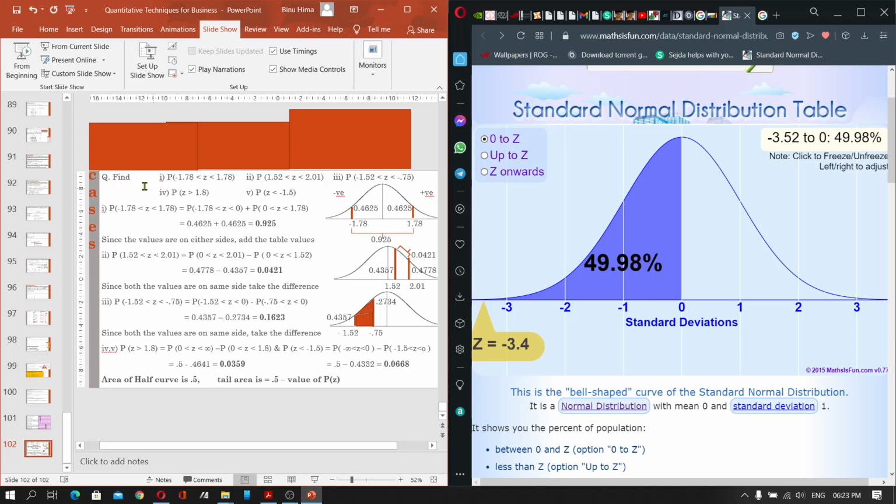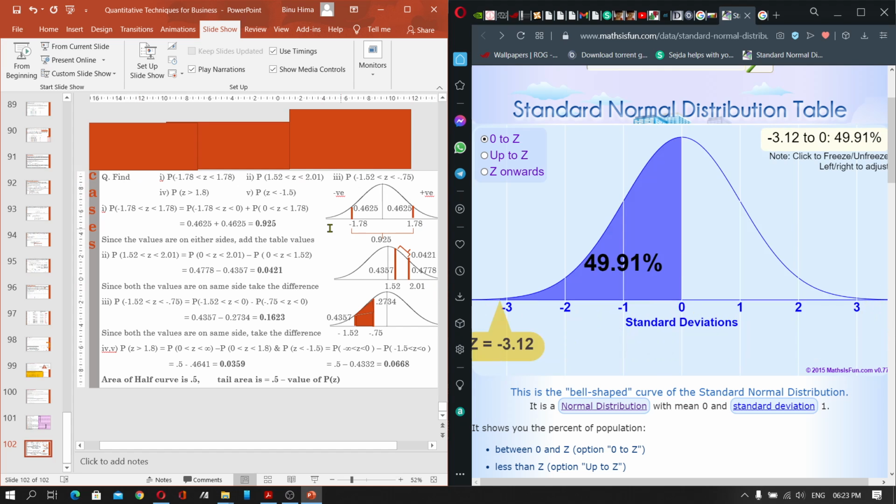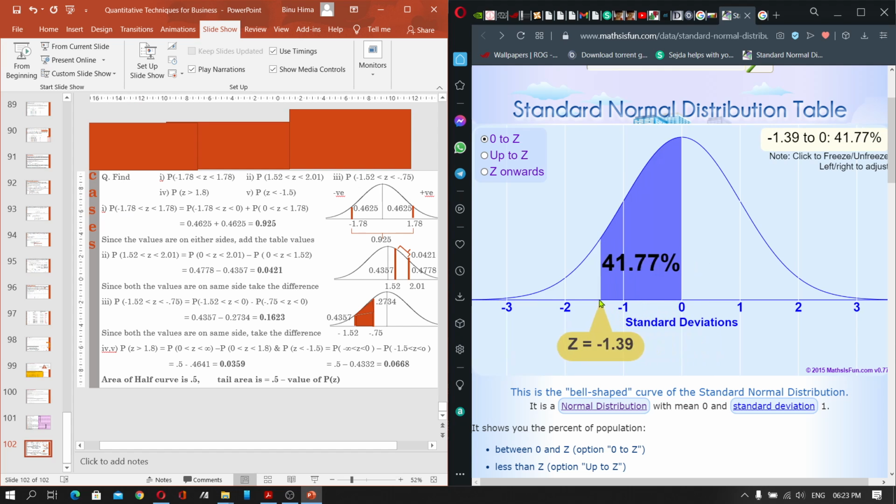So these were the cases which we have discussed now. See, this was the standard normal distribution table graph. See, first one, minus 1.78. If you go through it, you can see that minus 1.78 is represented as this. It's very difficult to pinpoint the point.